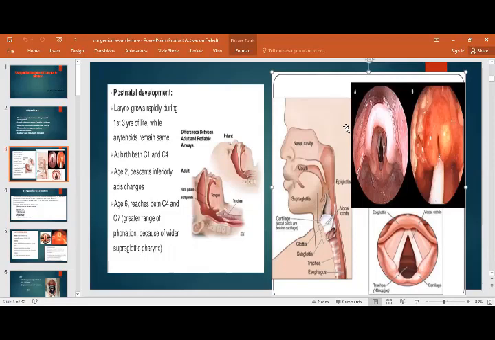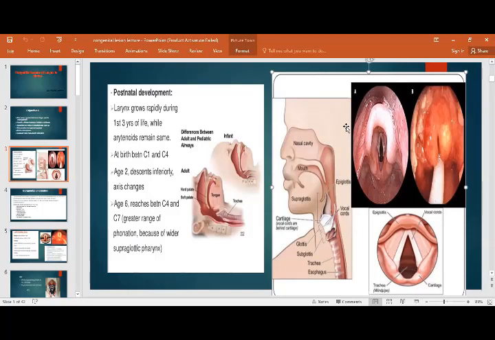But after 3 years, and this is very important, because before 3 years they are solely dependent on feeding, and they don't have any idea about proper nasal breathing and normal respiration. As the age grows after 3 years, the larynx will grow lengthwise.